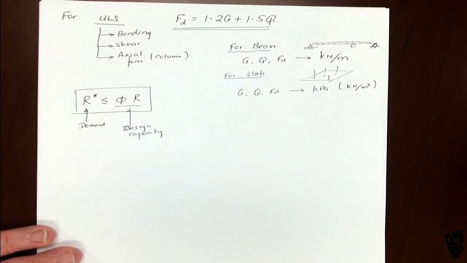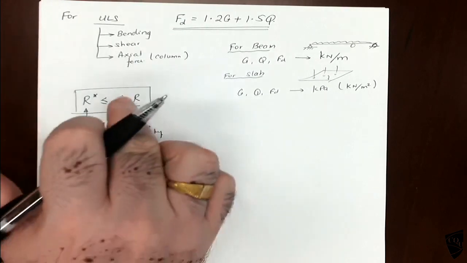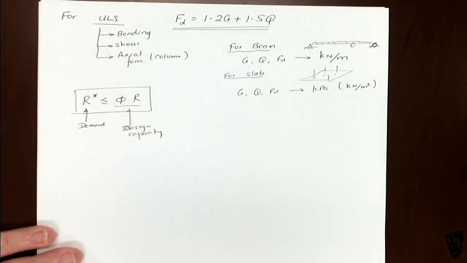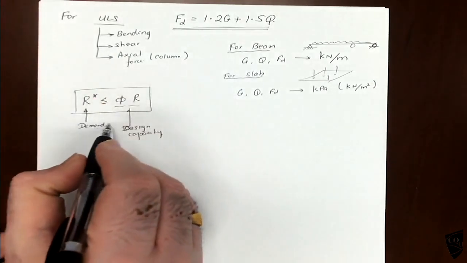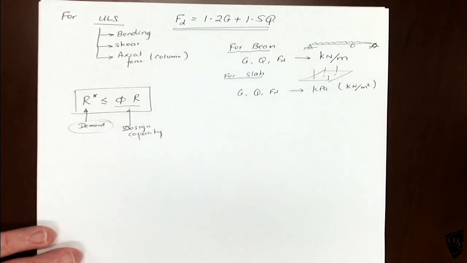In this class we will learn how to get the design capacity. If you have the design capacity to check this condition, you also need the demand. So what is the demand? If it is bending, the maximum bending moment. If it is shear, the maximum shear force. So we need to know the maximum bending moment and the maximum shear force in the beam.